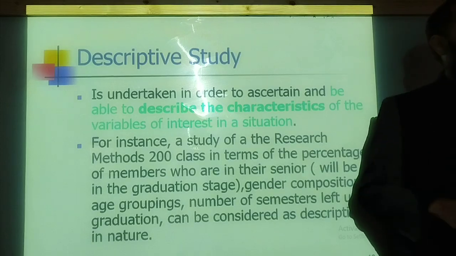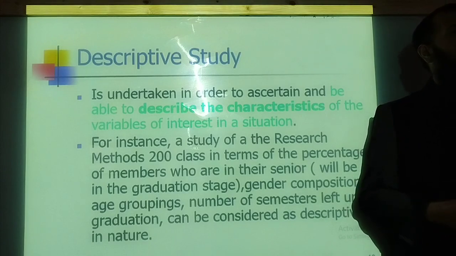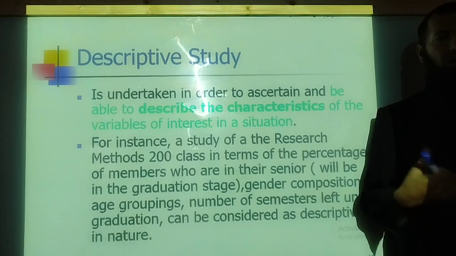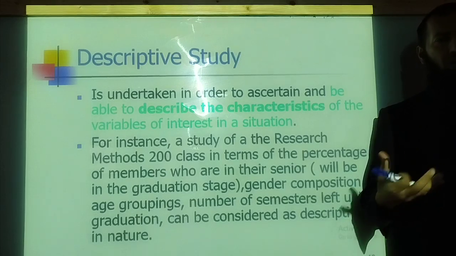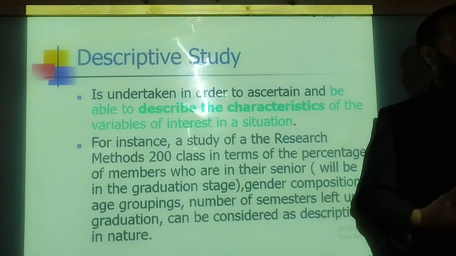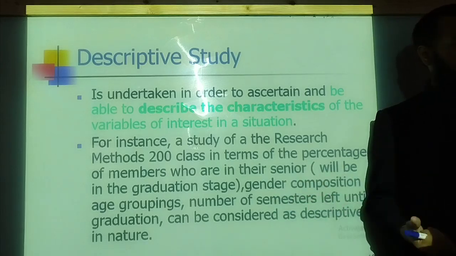For example, there are 200 research method students and you want to know the result of their assignments, quizzes, and final exam. That tells you the detail about the problem. So this is an example of the descriptive study. Next.